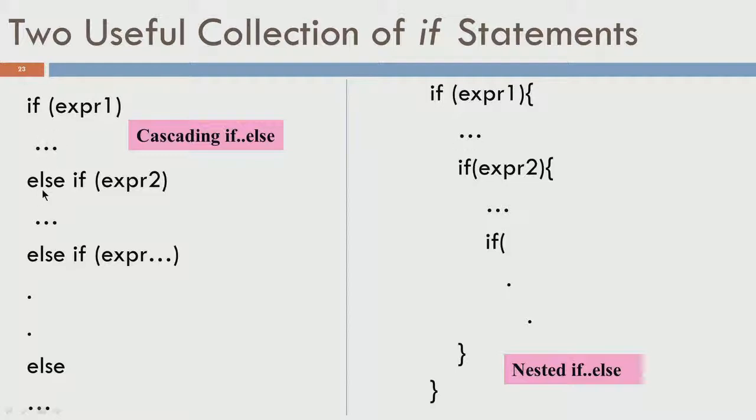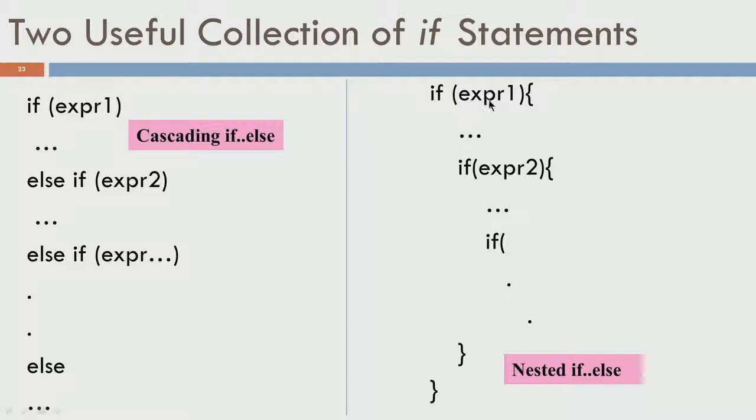In the else clause, you evaluate another expression. Else if expression 2, you execute another blob of code. Else if expression 3, you execute another blob of code, and so on. You can have a series of these else if statements ending with a final else clause where you execute another blob of code, right. So, this is called cascading if else, we will see a quick example later.